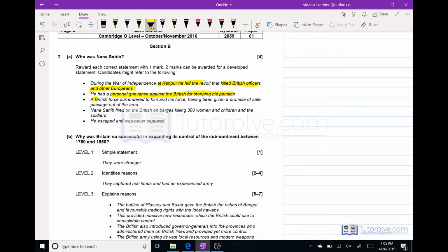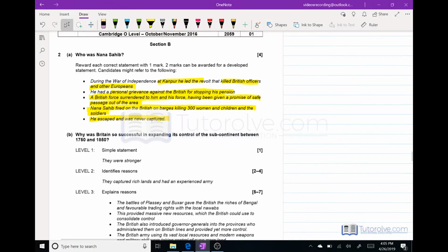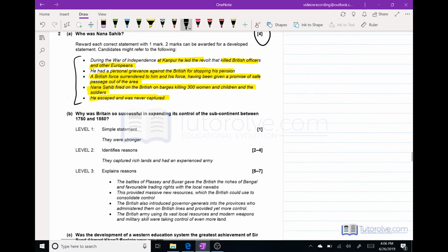A British force surrendered to him and his forces in exchange for safe passage out of the area. He fired on the British on the barges, killing 300 women and children and the soldiers. He managed to escape and was never captured. So putting all of this in an answer will ensure the full quota of 4 marks.